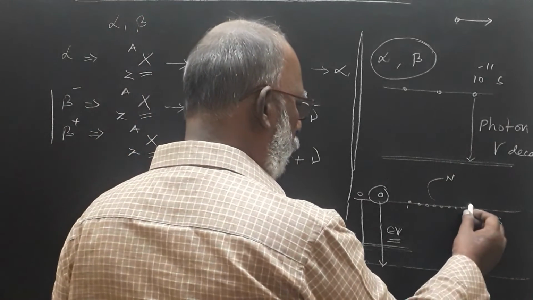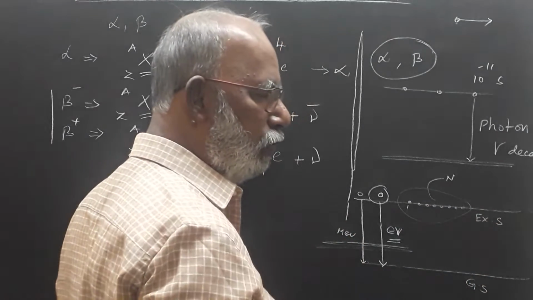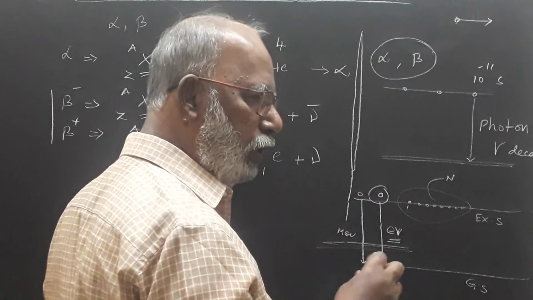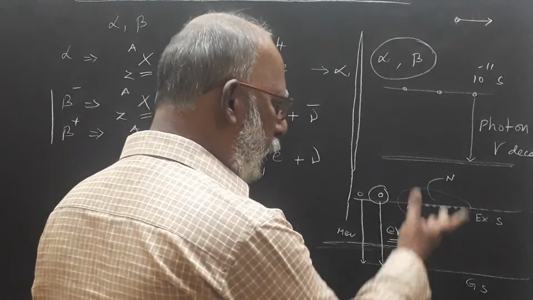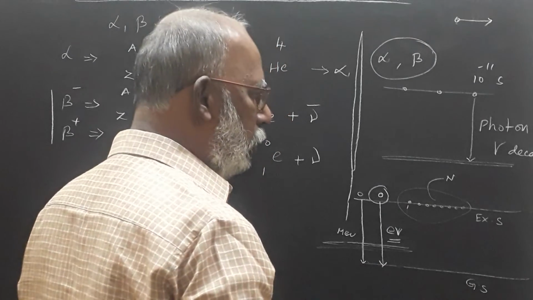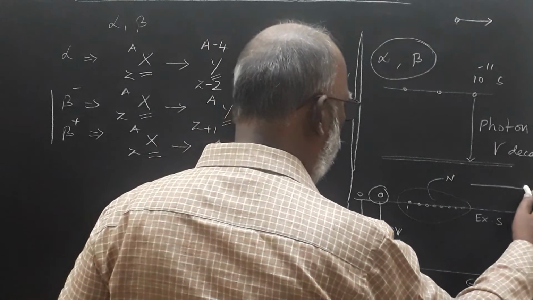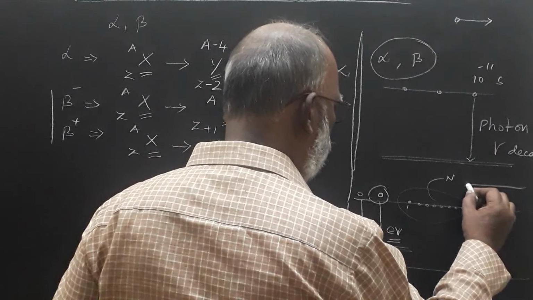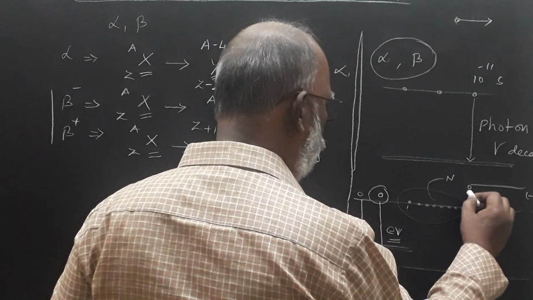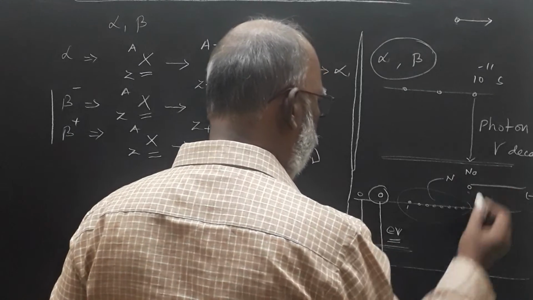Now, within these n atoms, we can't give any assurance of which nucleus is going to decay at the moment. So by means of probability, we can say over a long period of time, for example 0 to t. When you say 0, the number is called n naught.